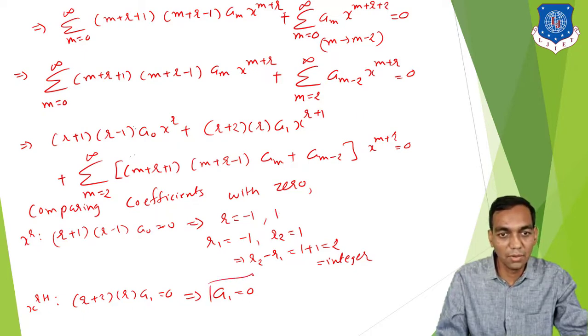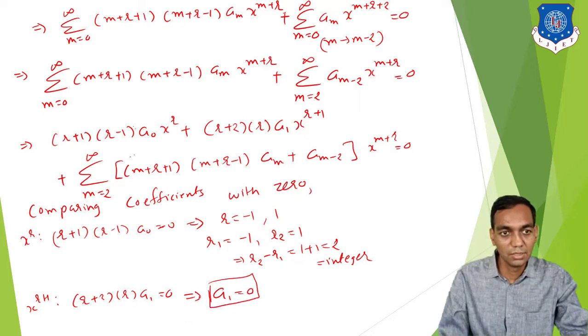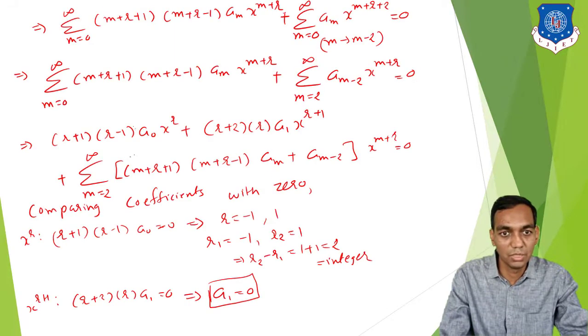So again a1 is going to be 0 in both the cases. Okay. Now we are going on to the general term, x raised to m plus r. That is (m plus r plus 1)(m plus r minus 1) am plus a of m minus 2 is equal to 0.